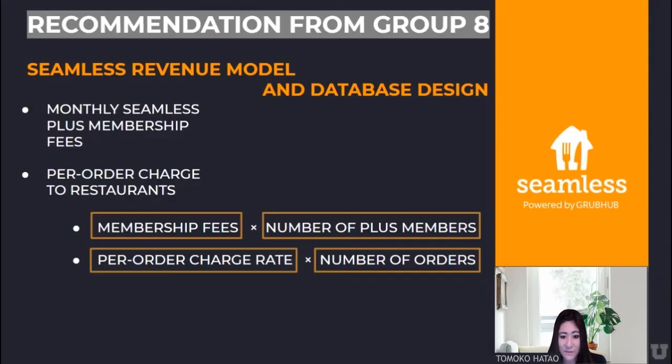Before completing our presentation, we would like to add our own discussion as a team on how Seamless could maximize their revenue in relation to the database design. Through this project, we learned there are mainly 2 revenue generation methods: one from monthly Seamless Plus membership fees, and two from per order charges to restaurants for the use of the platform.